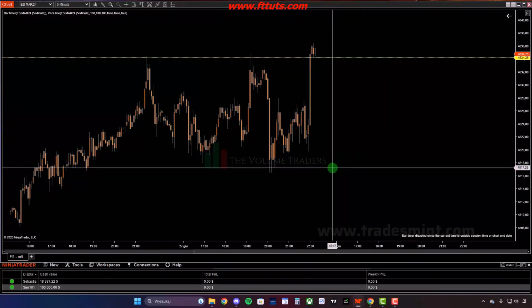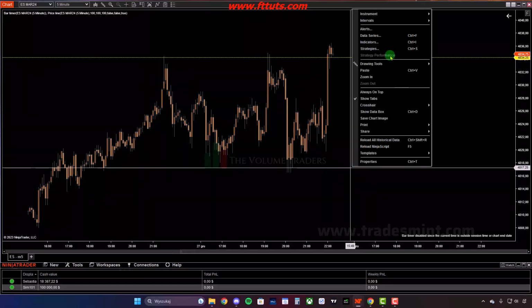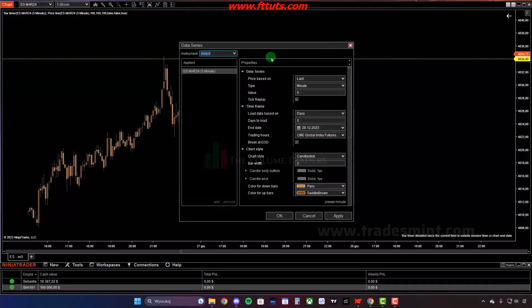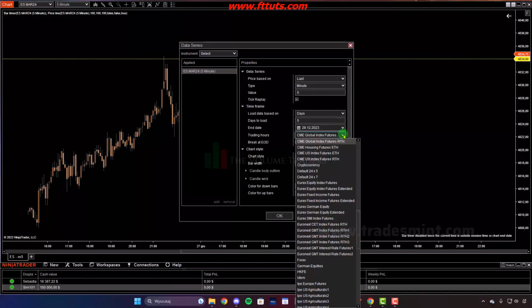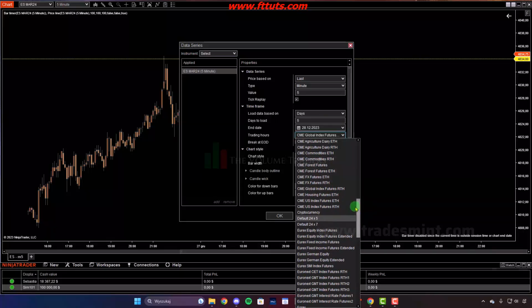I didn't mention one thing, I just see this right now. Here, the trading hours on the data series. I use CME Global Index Futures, but there are also some other options. The most popular one is CME Real Time Hours.